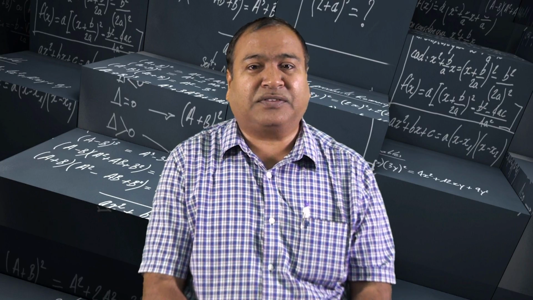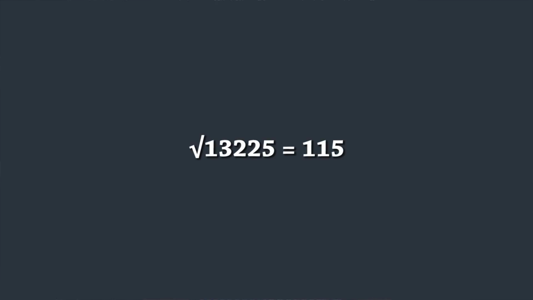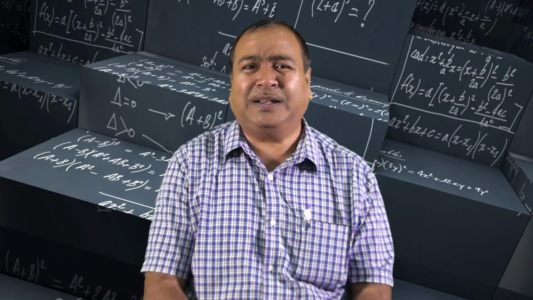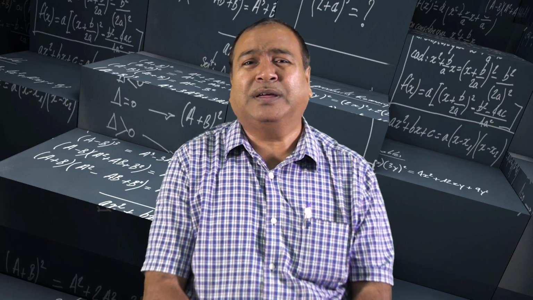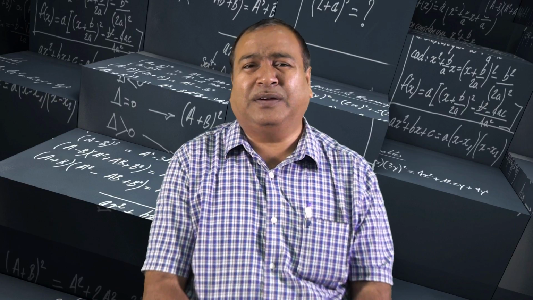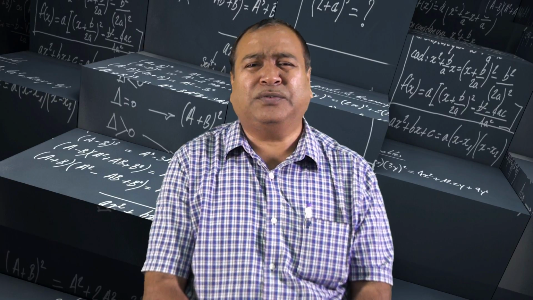Hence, the unit digit in the required answer must be 5. Hence, the square root of 13,225 is equal to 115. So like that, by identifying the properties of digits and using the tables of squares, we can find the answers very easily.